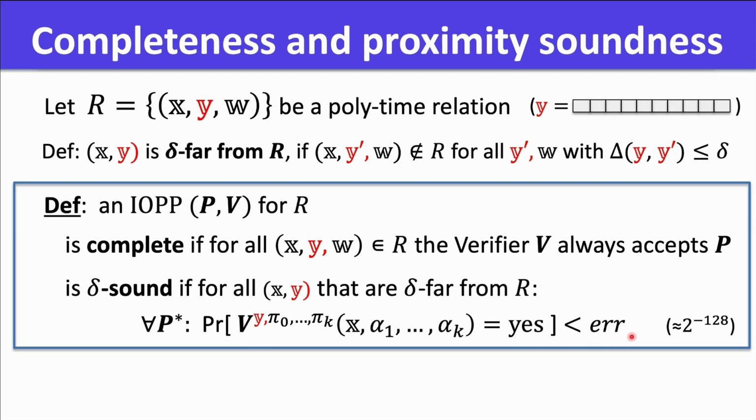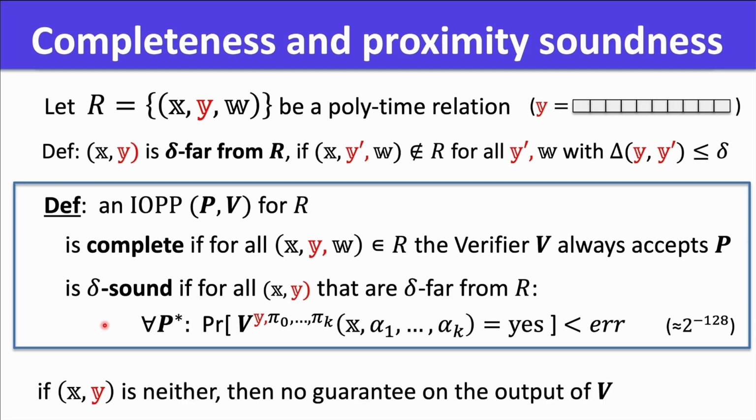So if x and y are delta far from the relation, the verifier is very likely to reject. This is a relaxed notion of soundness in that the verifier is only required to reject when (x, y) are delta far from the relation. When (x, y) actually are delta close to the relation, but not in the relation, then there is no guarantee on the output of V.